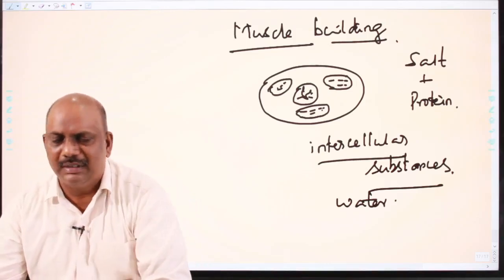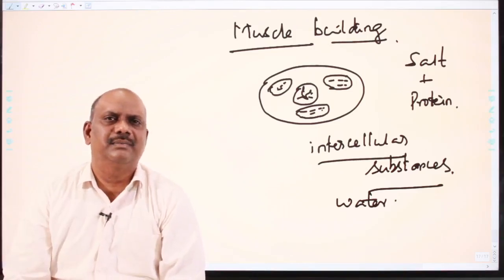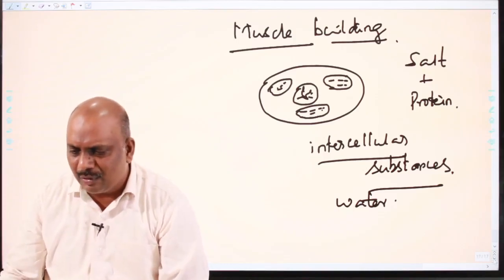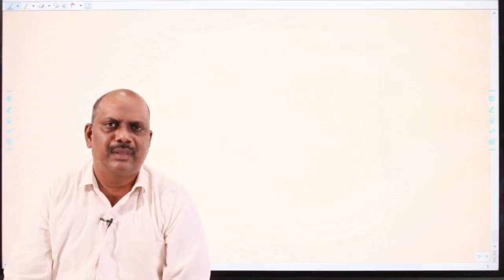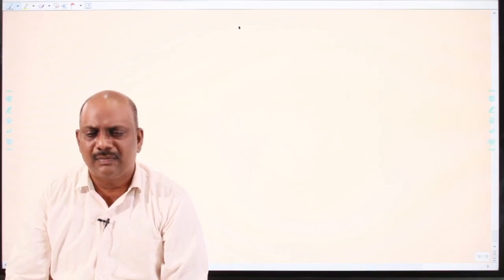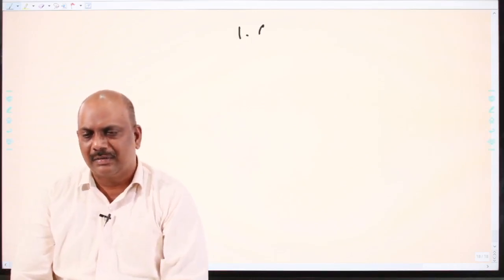The process of muscle formation continues up to 3 years. So what are the important things you are supposed to write in the prenatal stage? First thing is increase in number of cells and increase in cell size.